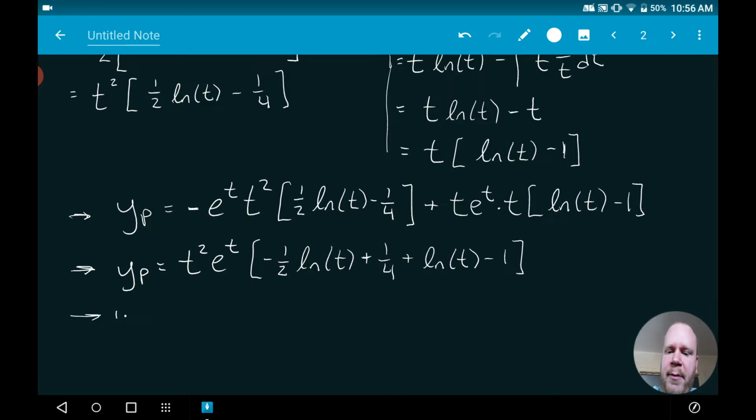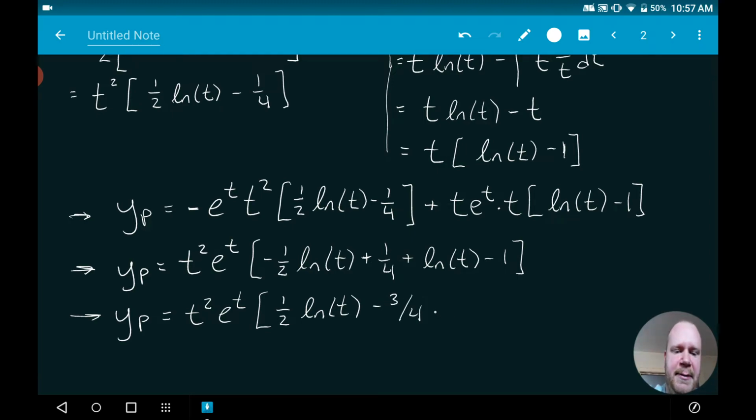So I will end up with the particular solution is going to be equal to t squared e to the t times, let's see, positive 1/2 natural log of t, and then minus 3/4.